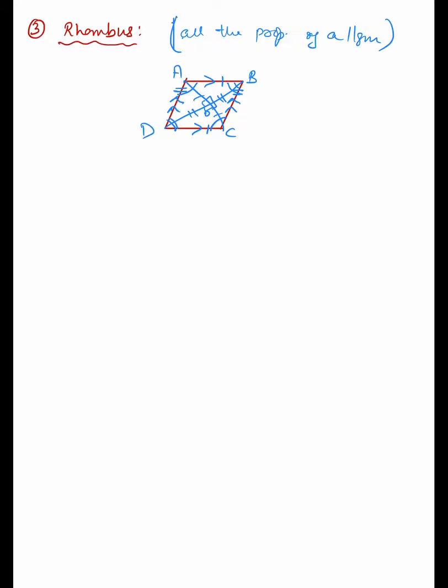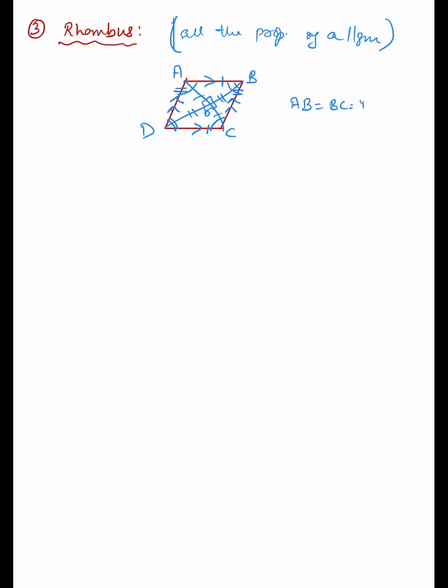Right now, the first 2-3 properties are the same in all the figures: opposite sides equal, opposite sides parallel, opposite angles equal, diagonals bisect each other. What is the extra property of diagonals in a rectangle? That the diagonals are equal. In a rhombus, the extra property of diagonals is that the diagonals are perpendicular. And one more extra property in a rhombus is that all four sides are equal.